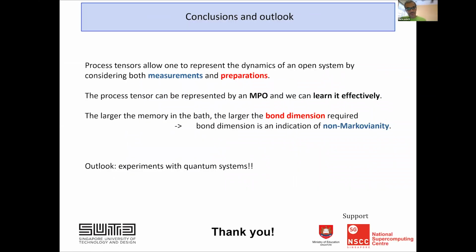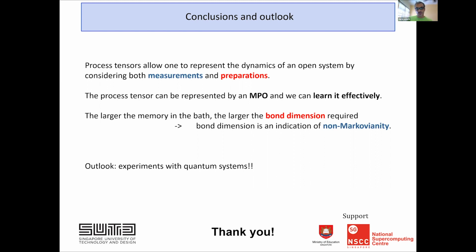So process tensors allow one to describe generic quantum processes, open quantum processes, and they are very suitable when you can do both preparations at different times and measurements at different times. What you get out is this process tensor, and it has a natural representation as an MPO.